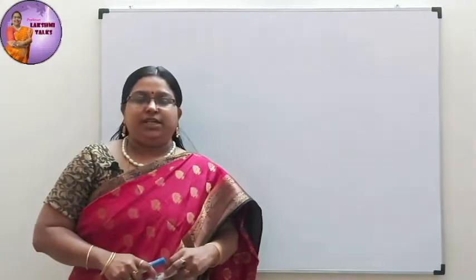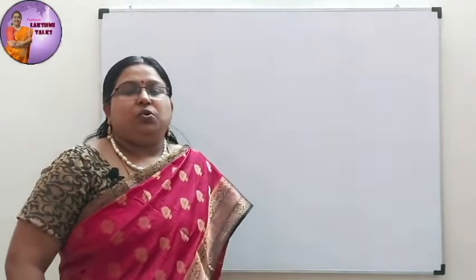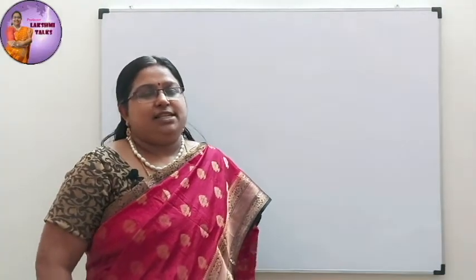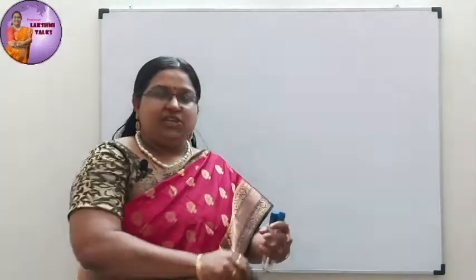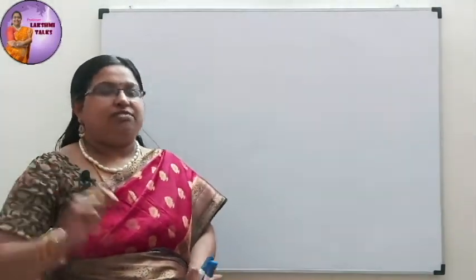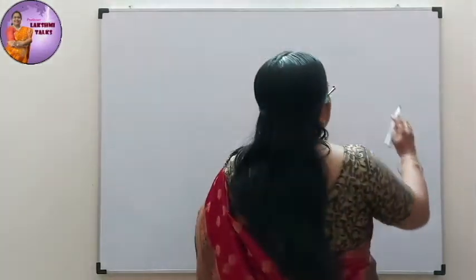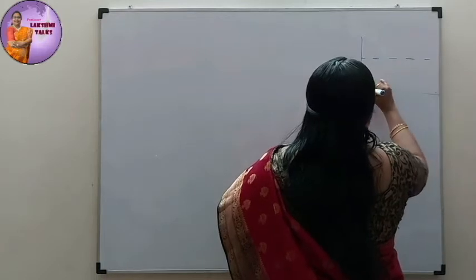Hello students, in today's class we'll see the derivation for settling time. Okay, so what is settling time? How do you define a settling time? Settling time is nothing but the time taken to reach and stay within plus or minus 2% of the final value.